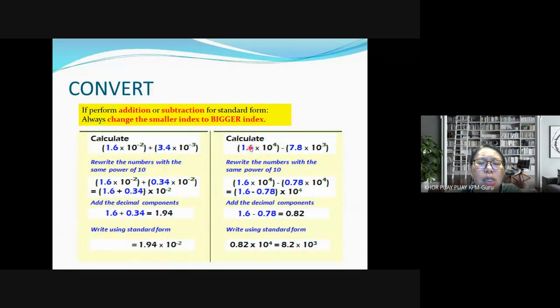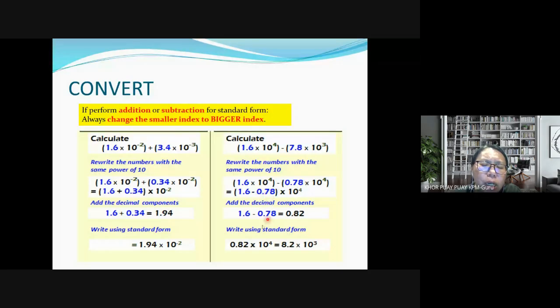If they ask you to minus, this number minus this number, you put together. And what about my index? My index is already solved, it is the same. So I just keep it the same. So the number plus the number, you put in front, and my power, I put at the back. Okay? So you see, now this question, you need to minus, right?